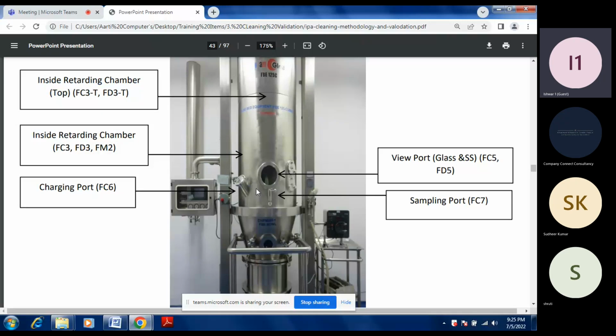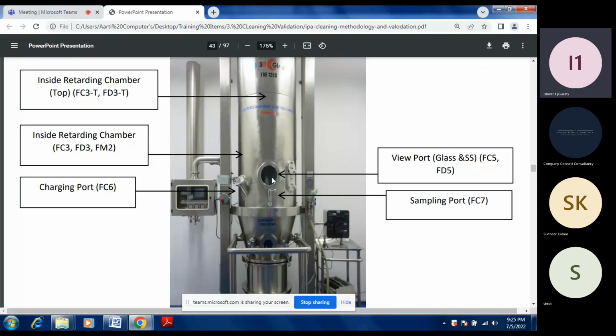If you would like to charge material into the FBD by the PTS system, power transfer system, we can use that port. Otherwise, we can dismantle the bowl, transfer the material into the bowl, and fix it back.